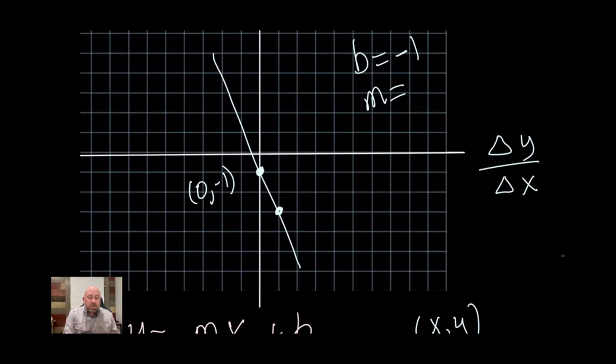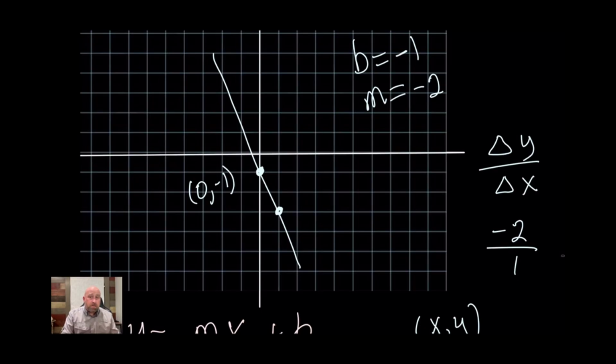What is our change in y? Our change in y is the up and down. So how many do we go down? We're going down, so that's going to be a negative. There's only 2 spots down, so -2 over, and then there's only 1 spot over, and that's to the right, so that's going to be a positive. -2 over 1, we can get rid of that fraction because our denominator is 1, so the m is going to be -2.